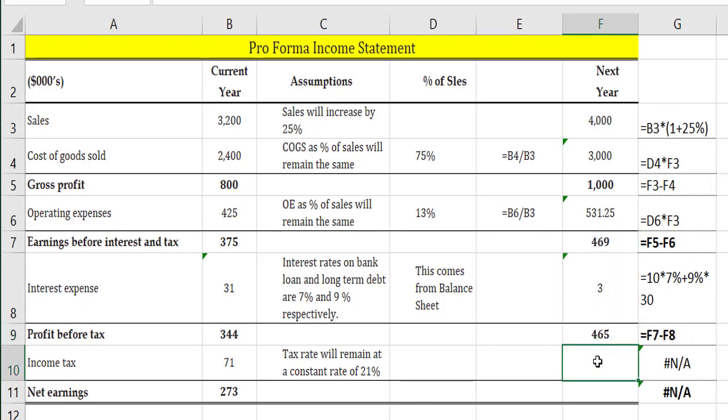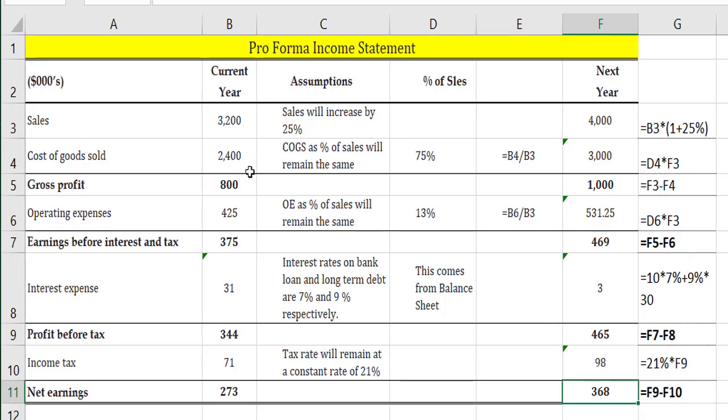That gives us the profit before tax. Next we compute income tax, which is 21% of before tax income. So that's 21% times your before tax income, and that gives us the income tax. And once you know income tax, your net income is your before tax income minus income tax. This is how you compute net income.